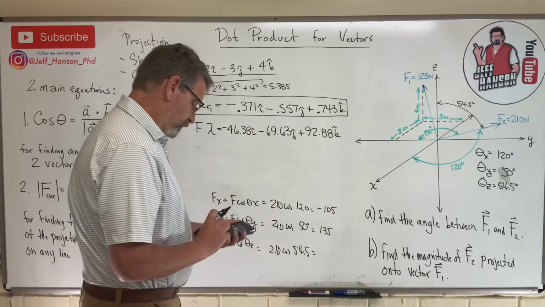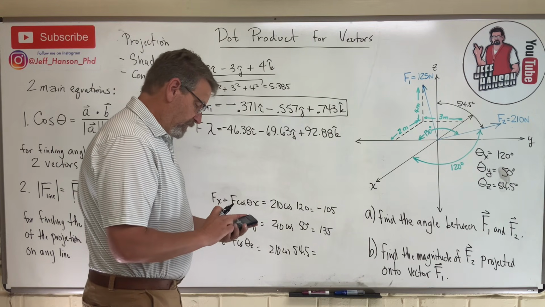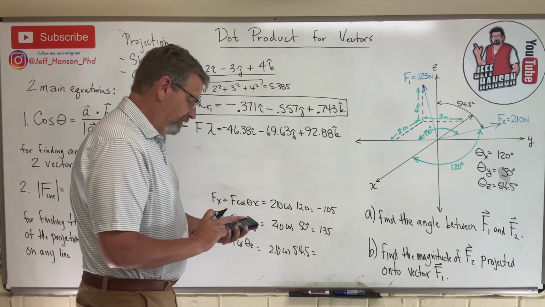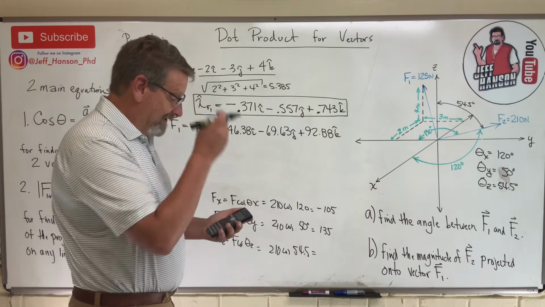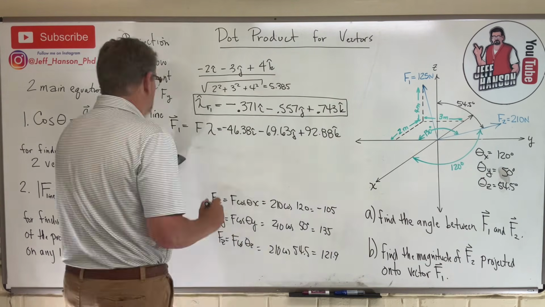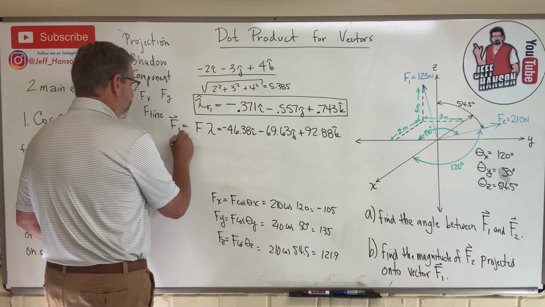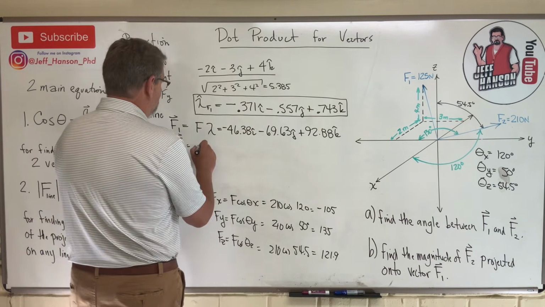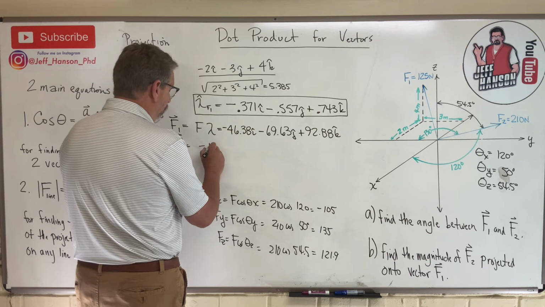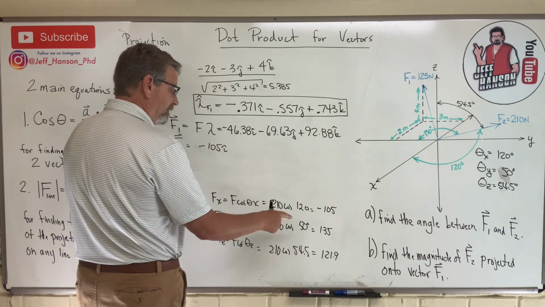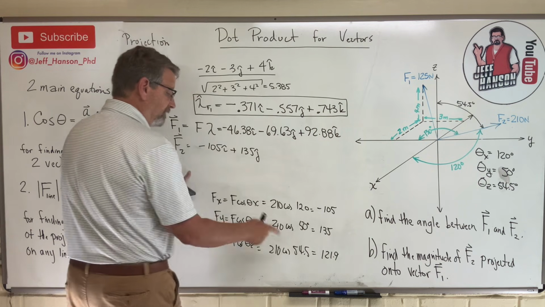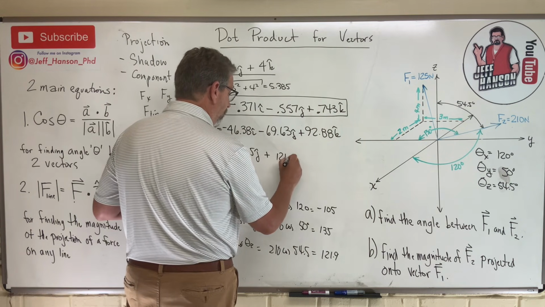And then 210 cos 54.5 is 121.9. Okay? So vector F2 is negative 105 i hat plus 135 j hat plus 121.9 k hat.